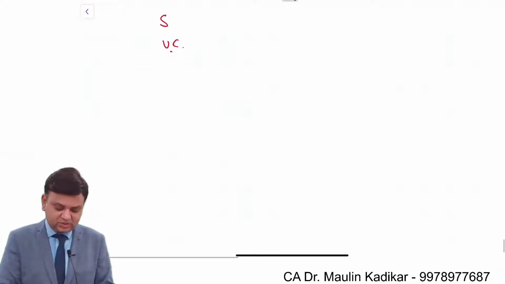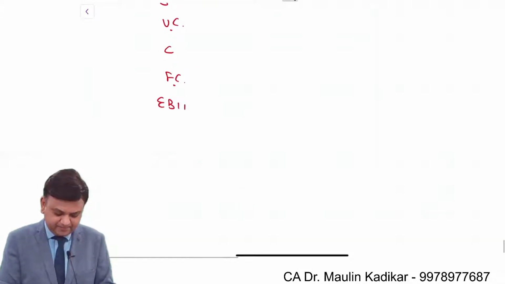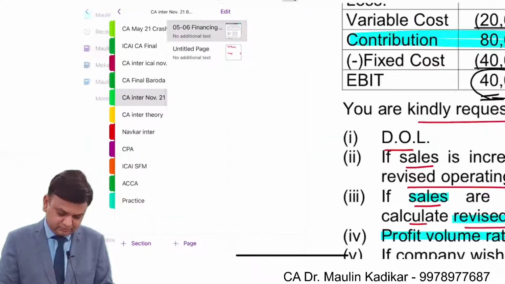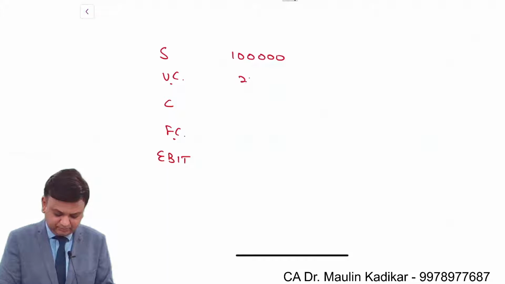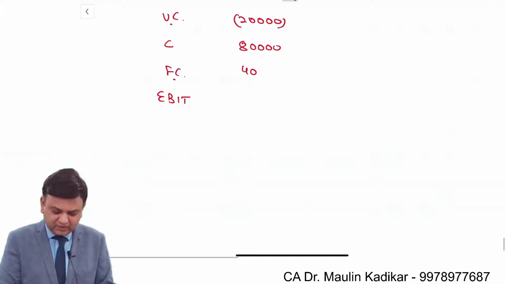Sales, variable cost, contribution, fixed cost, EBIT. Sales is 1 lakh. Variable cost is 20,000. Contribution is 80,000. Fixed cost is 40,000.